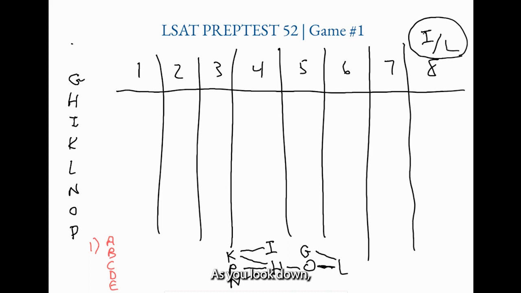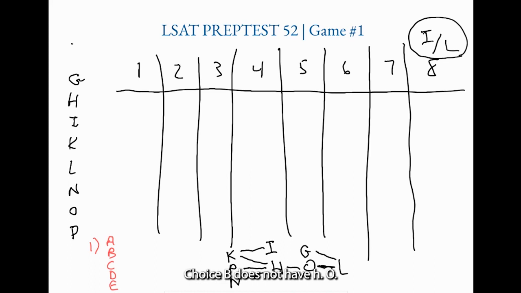As you look down, you realize, no, this rule doesn't apply here. It doesn't knock out any of the answers. In all 5 of them, K and P, in some order, are successfully before H. So we move on. Rule number 2 gave us that H, then O, then L orientation to the players. Do any of the choices fail that? Yes, indeed.